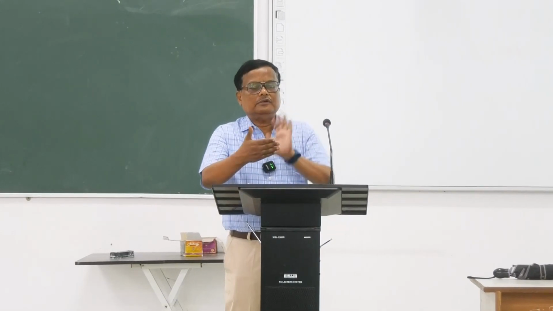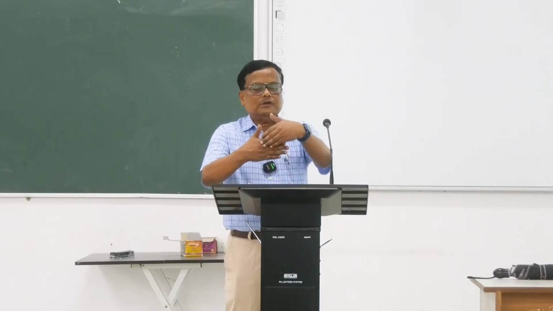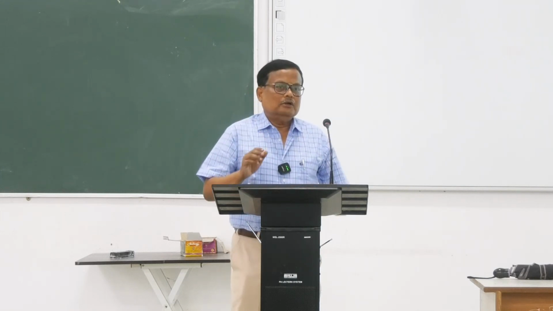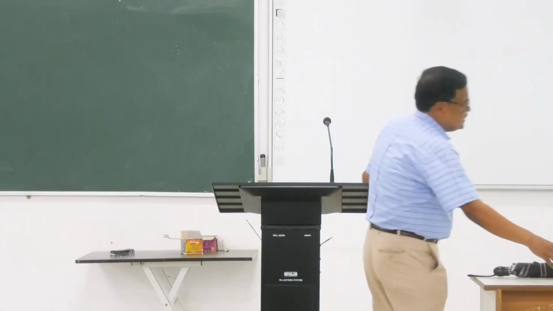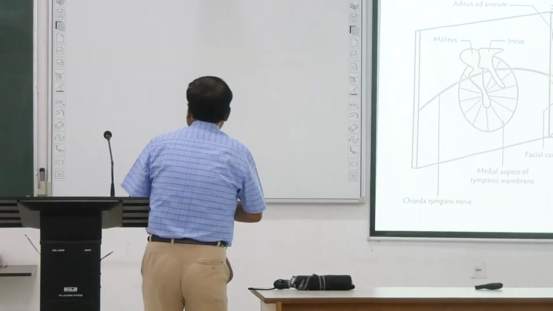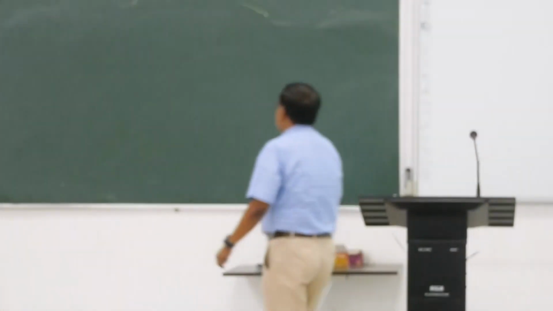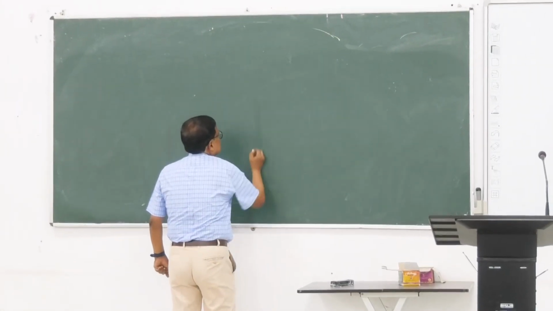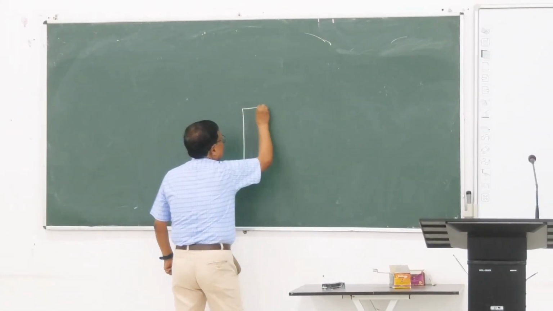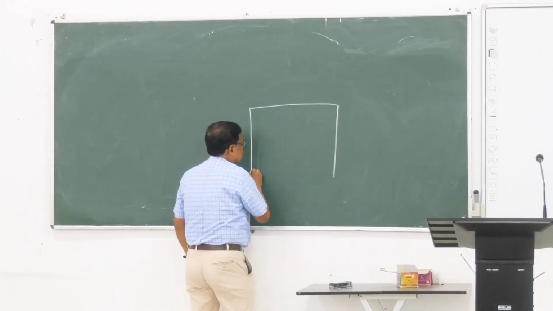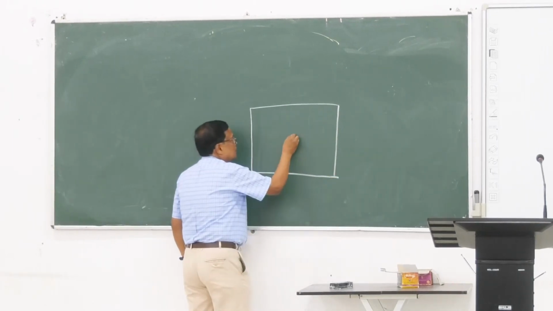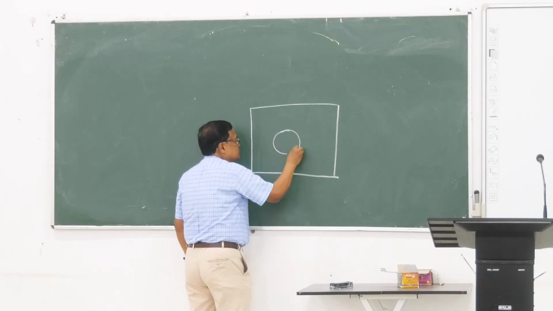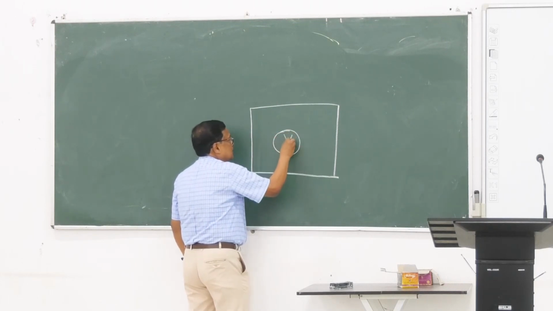Suppose it is the medial side. So what is the medial wall? It is the lateral wall of the internal ear. So what are the important structures present? You will see in the lateral wall. Most important structure present here is the rounded elevation.